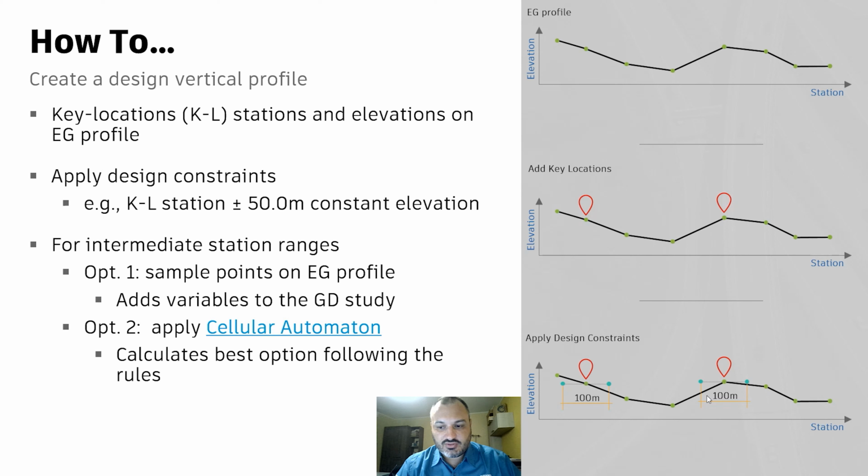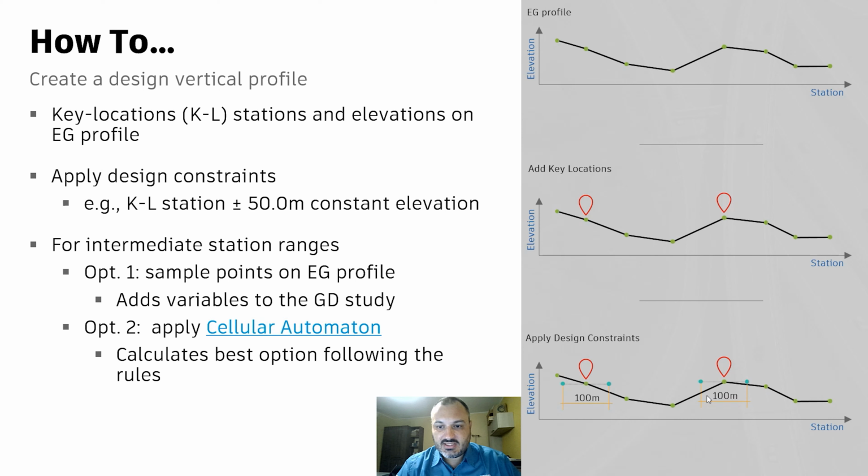There are a couple of strategies that you can apply to define your own logic for creating a design profile. So as we saw before, we could apply a similar concept of the selector function also for the profile. But I wanted to show something different, something called a cellular automaton.